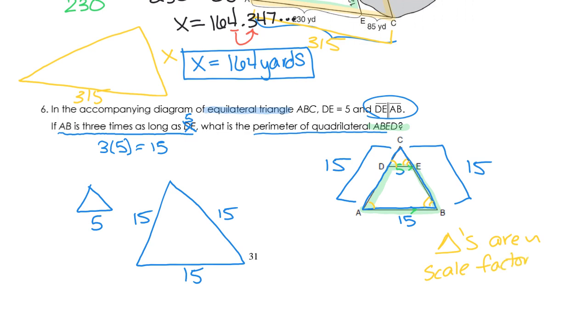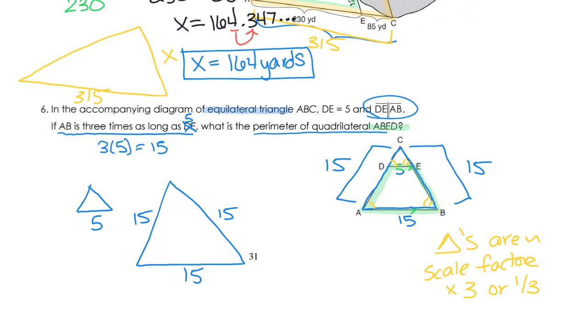Depending on which triangle you're starting at, the scale factor is multiplied by 3, or 1/3 if you're going from the big triangle to the small triangle. You can also think of it as if the big triangle has 3 equal sides, the small triangle is going to have 3 equal sides in order to keep them similar.